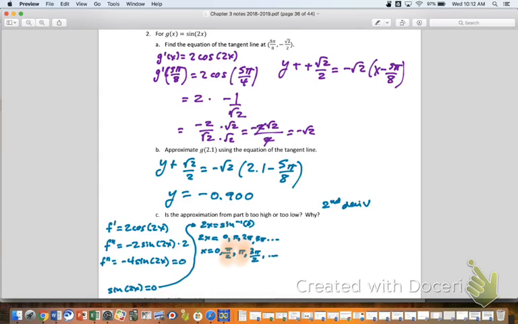So all I have to do now is basically see, well, is f double prime positive or negative between pi over 2 and pi? What might be a good test value to see what happens within that interval? What's between pi over 2 and pi?